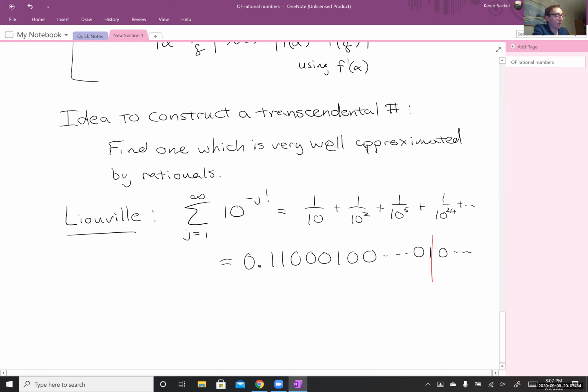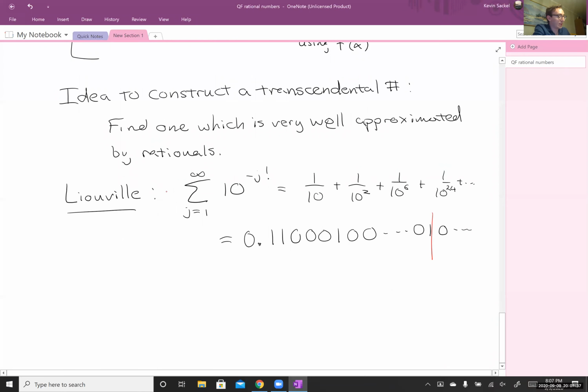And in fact, you can show that, so let's call this lambda.